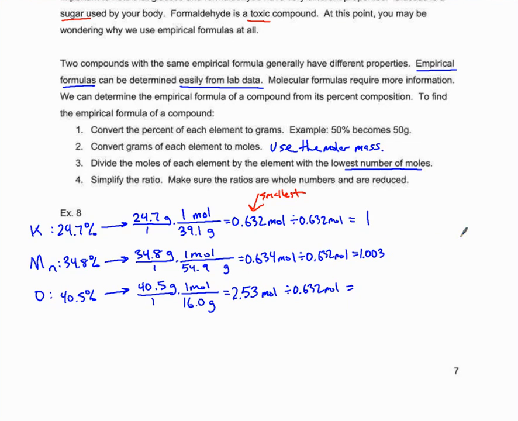We're going to round this off. So what we're doing here is looking for the numbers in the chemical formula. And so I'm going to say this is really close to 1. In fact, due to our rounding back here, it probably would have been 1.